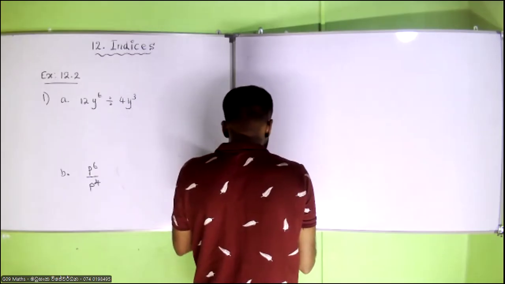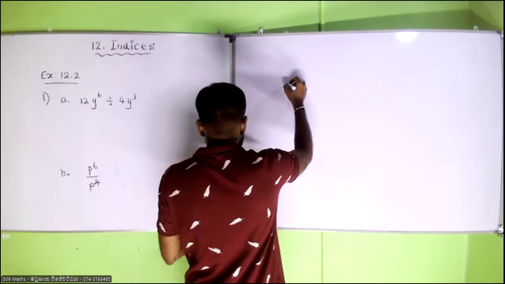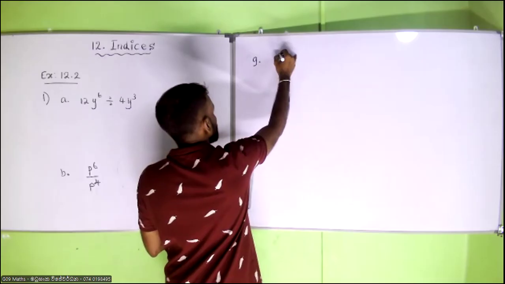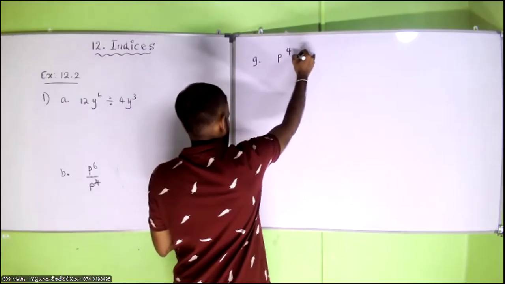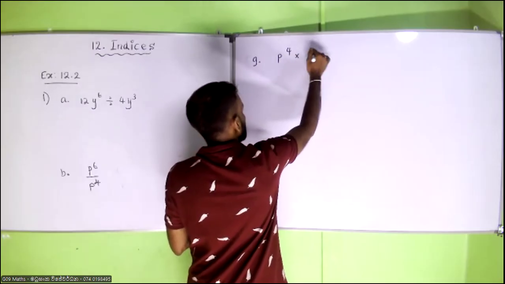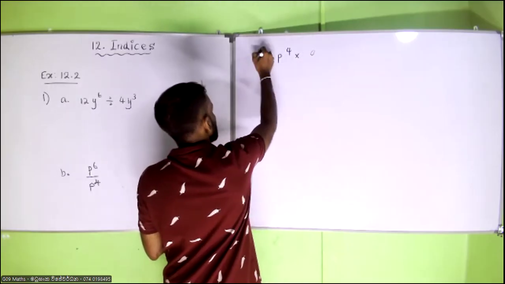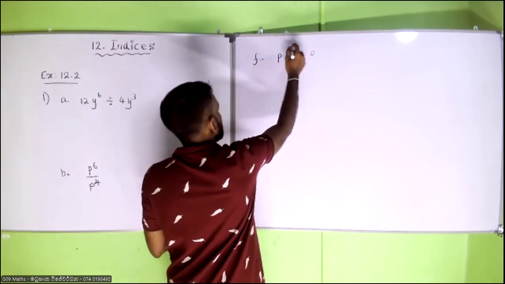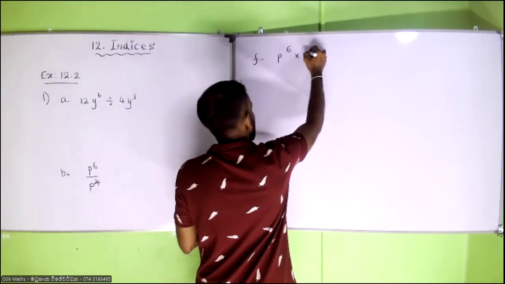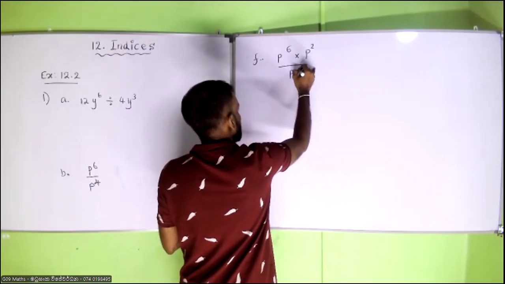Then go for part G. P to the power 4 multiplied by Q to the power 5. Sorry. Do F: P to the power 6 times P to the power 2 divided by P to the power 5.